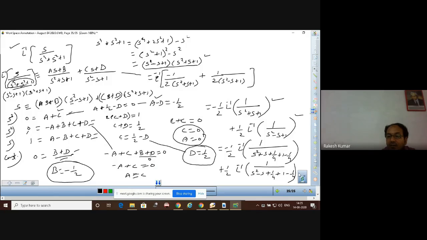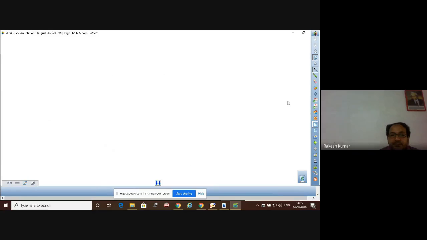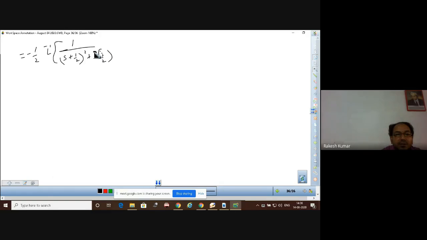So now we just need to write down its simplest form, and its simplest form is this one: minus 1 by 2 L inverse of 1 over s plus 1 by 2 square plus root 3 by 2 square, and plus 1 by 2 L inverse of 1 over s minus 1 by 2 square plus root 3 by 2 square.